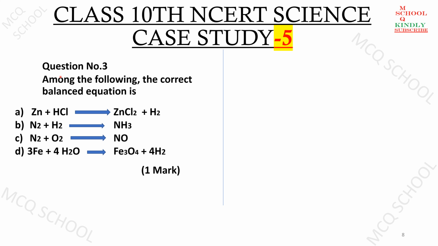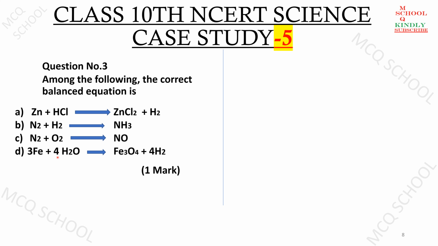Let us take question number 3. Among the following, the correct balanced equation is: options are zinc plus hydrochloric acid forms zinc chloride plus hydrogen. Second option, nitrogen plus hydrogen forms ammonia. Third option, nitrogen plus oxygen forms nitrogen oxide.